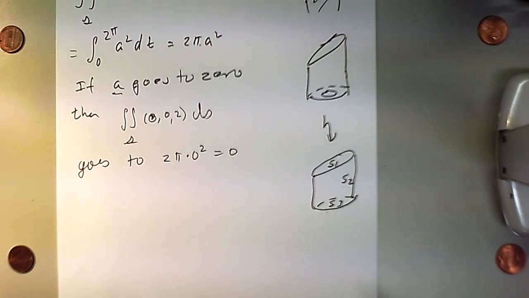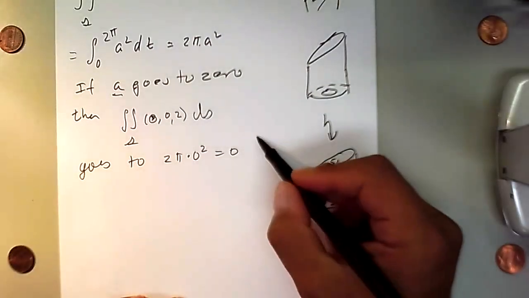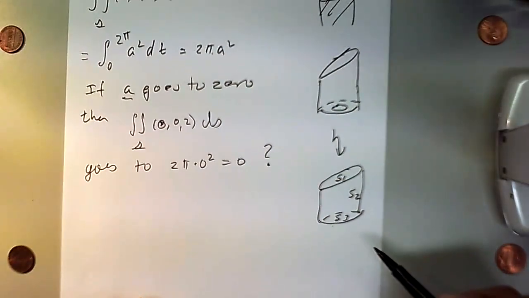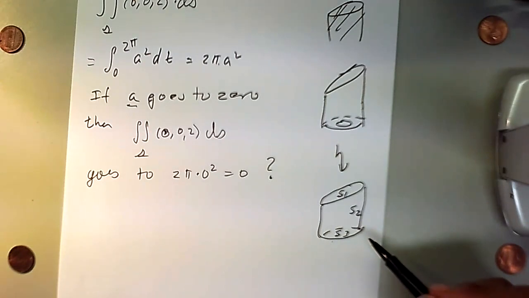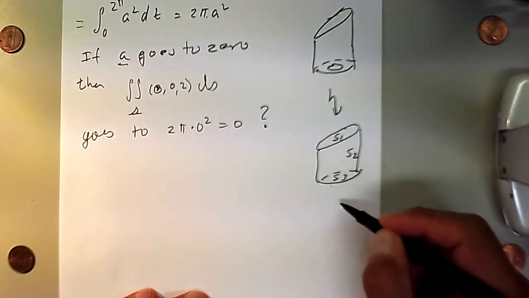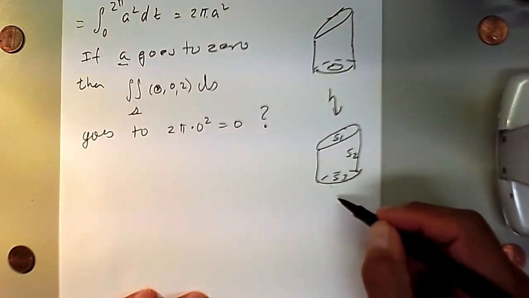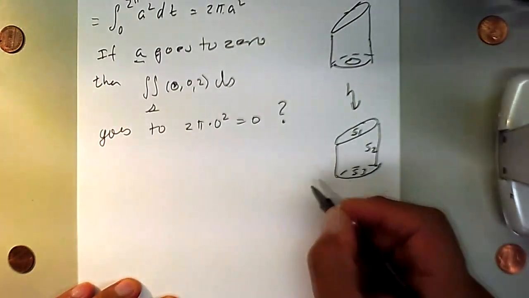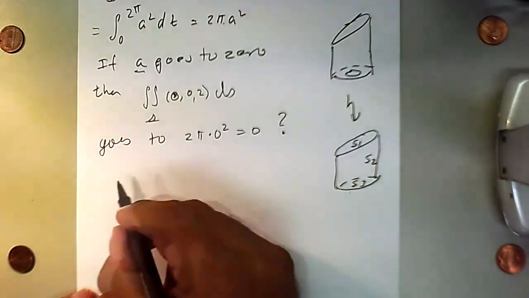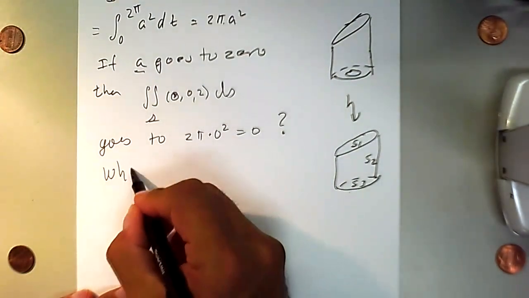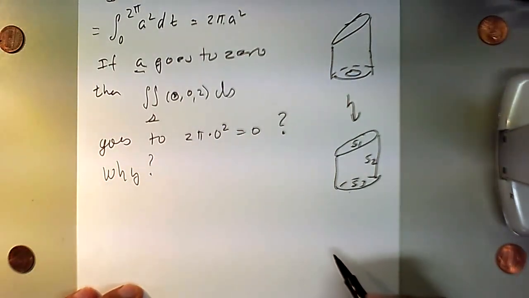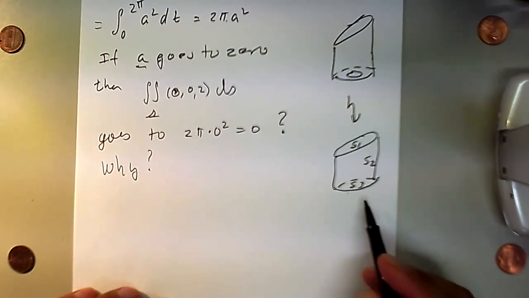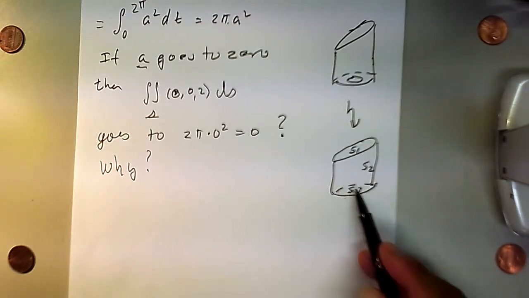Now, how can we explain that? Because this is weird in a way. If we did the surface integral, okay, so the question is why? Why do we get 0?